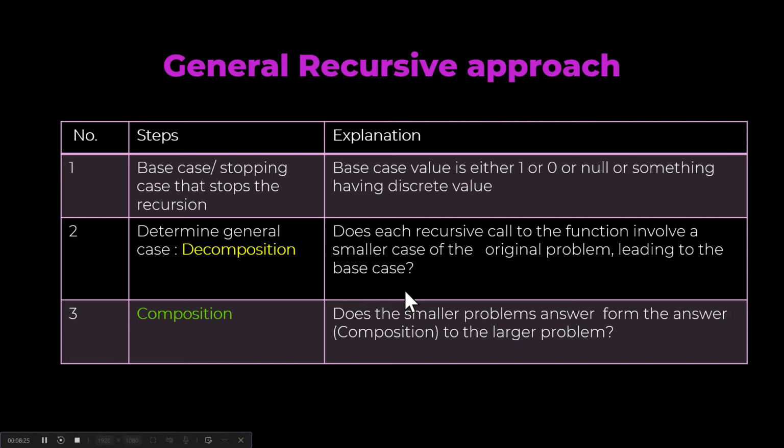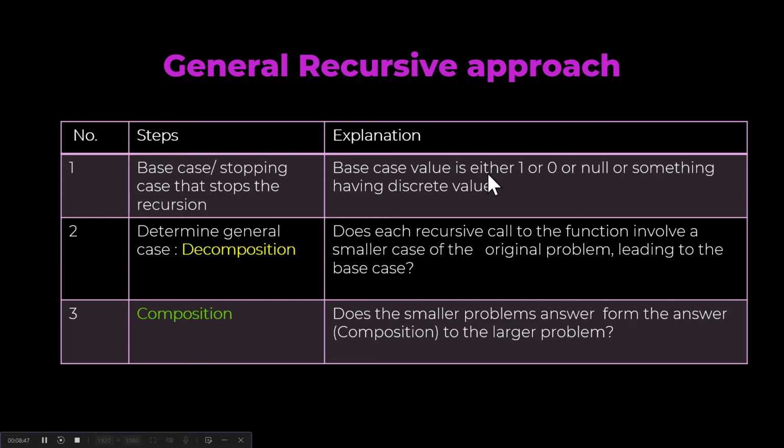First step, base case. Base case or the stopping case. That will stop the recursion. We need the base case. Without the base case, it will go into infinite recursive calls, and then we will have a recursive stack overflow error. So we need that. So the explanation is, base case value, we must have that.